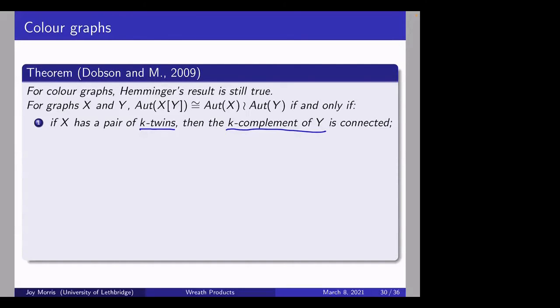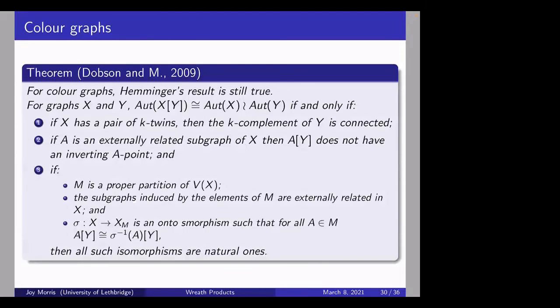This one condition is just that if we have a pair of K-twins, then the K complement of Y is connected. And then the other two conditions, those two obstructions of Hemminger's, are still required.